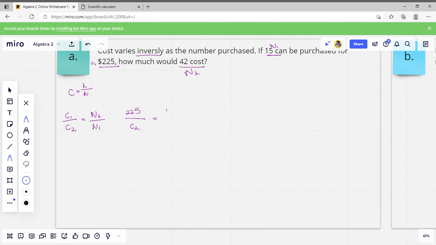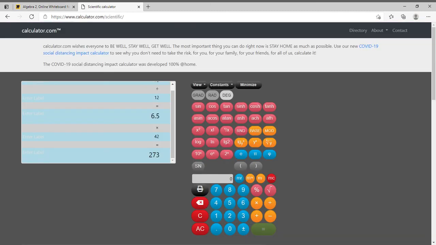Number 2 would be 42. And our number 1 would be 15. And then we just cross multiply, so we get C2 times 42 equals 225 times 15.